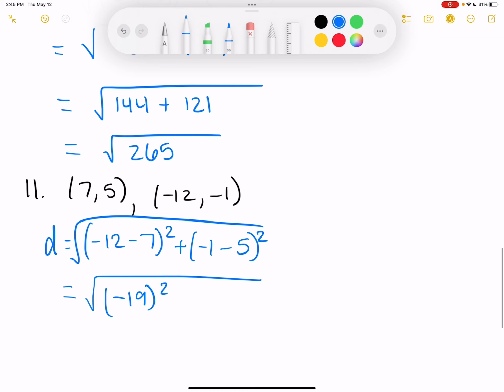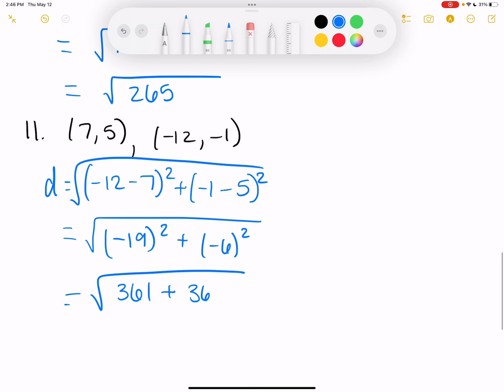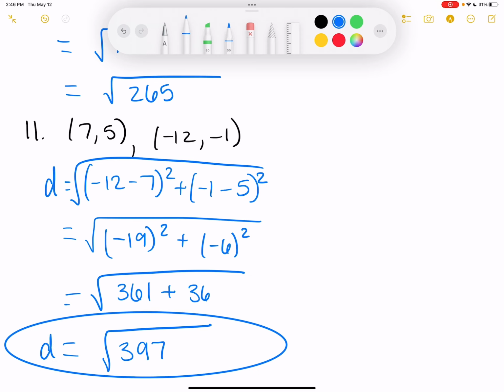Negative 19 squared plus negative 1 minus 5, which is negative 6, squared, 36. 19 squared is 361. All right, 361 plus 36 is 397.